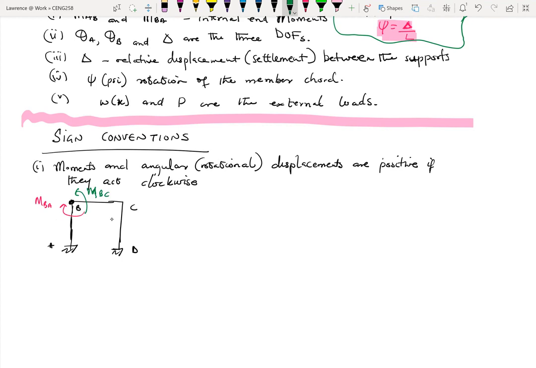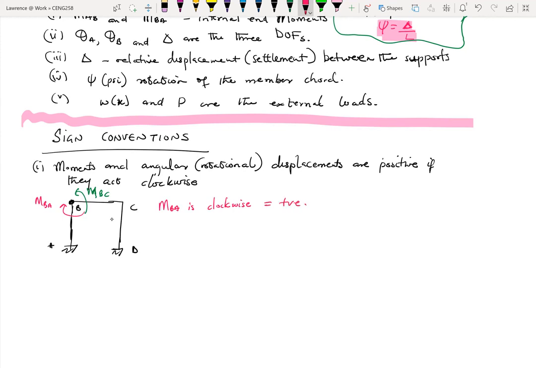And this sign convention means that our MBA will be positive, because it is clockwise. So MBA is clockwise, which makes MBA positive.